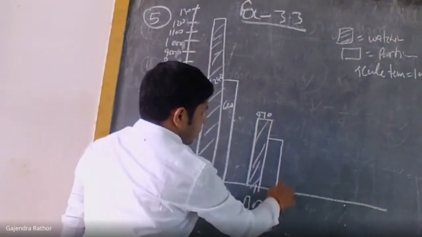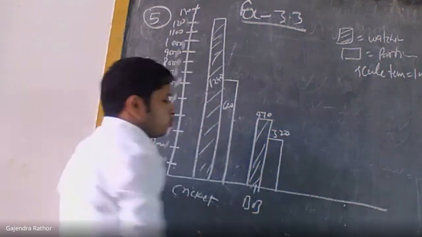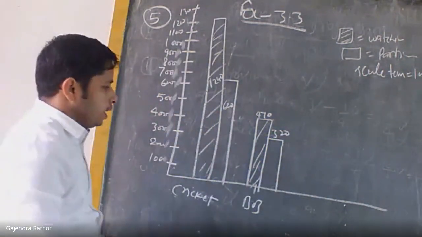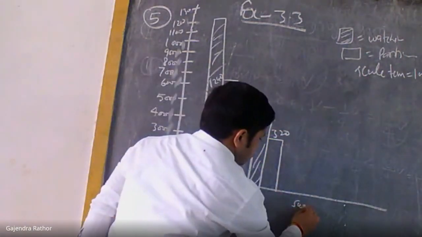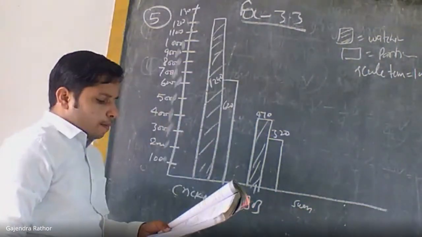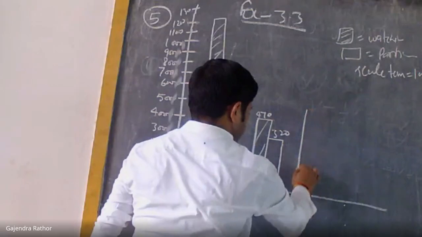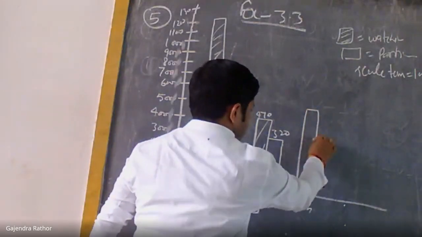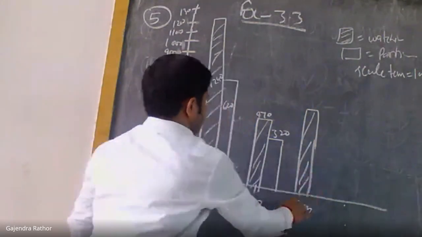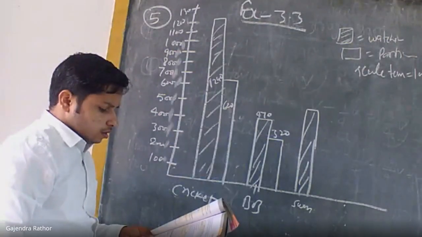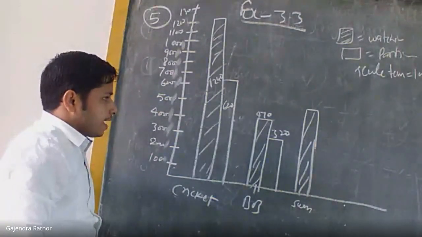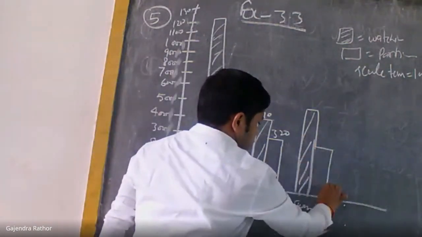By the scale we can mark this, 320. The next is swimming. The number of watching is 510. Something here. And the number of participating is the same, 320.